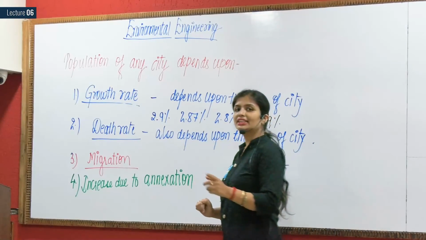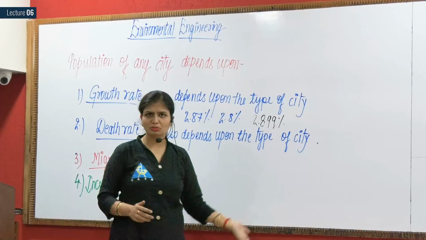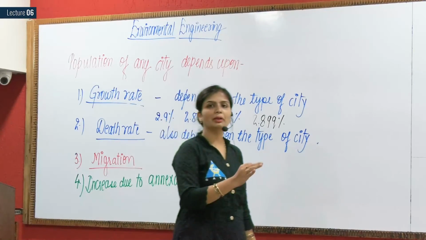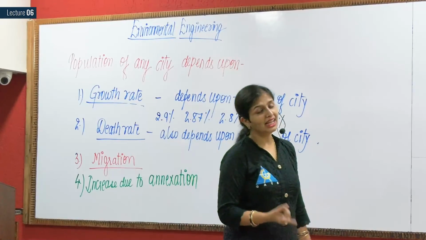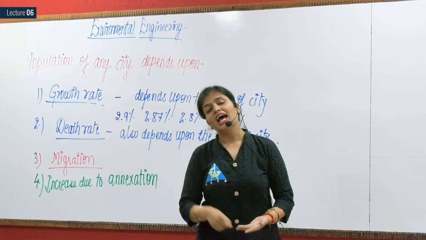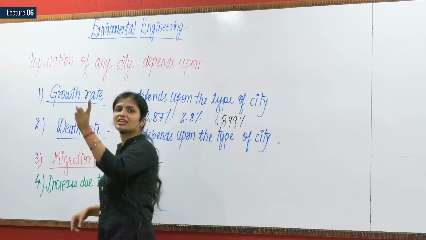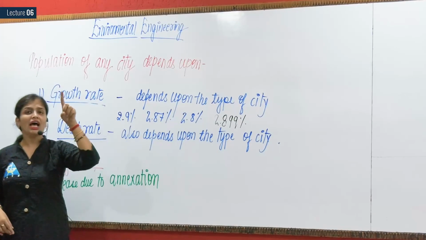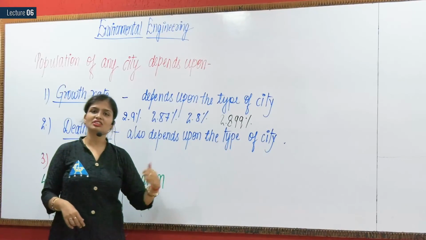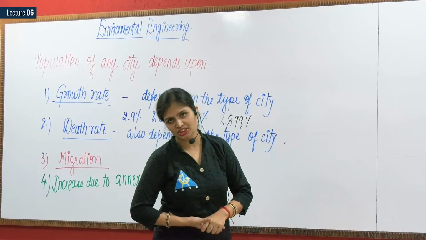And that is the reason whenever I told you, like we got 603 liters per day demand, and we have to multiply it by the population. And at that time I told you that we have to multiply with the design population. And that is the reason for getting that design population, we are starting population forecasting. And in population forecasting, firstly I showed you how the rate of growth of population changes with time.